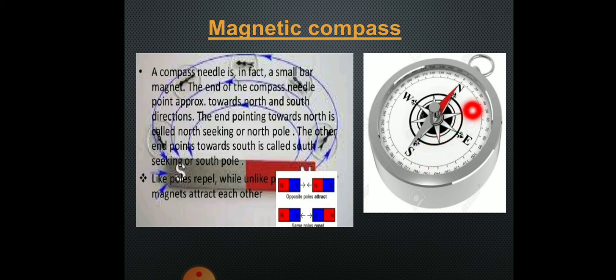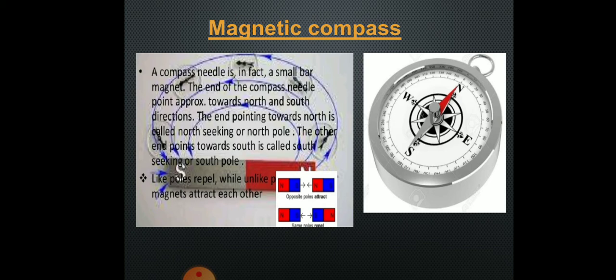The end pointing towards the north is called the north seeking pole or north pole, and the other end which is pointing towards the south side is the south pole. As we know the property of magnets, like poles repel and unlike poles attract each other.